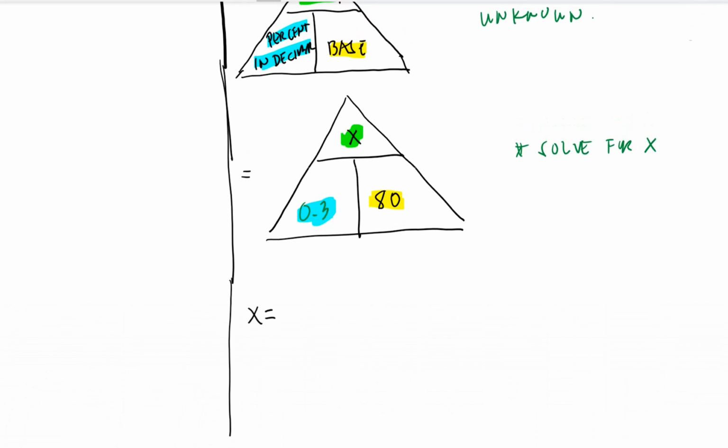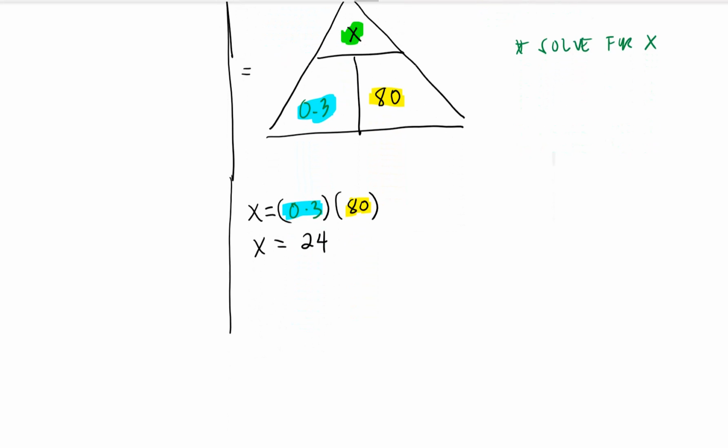So you'll get 0.3 multiplied by 80. Both are at the bottom, so the operation is multiplication. So you multiply 0.3 and 80. If you do that, 0.3 times 80 will give you 24.